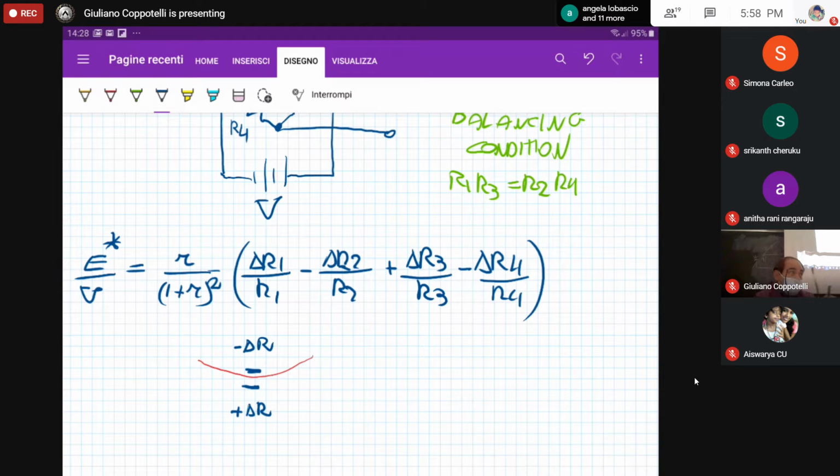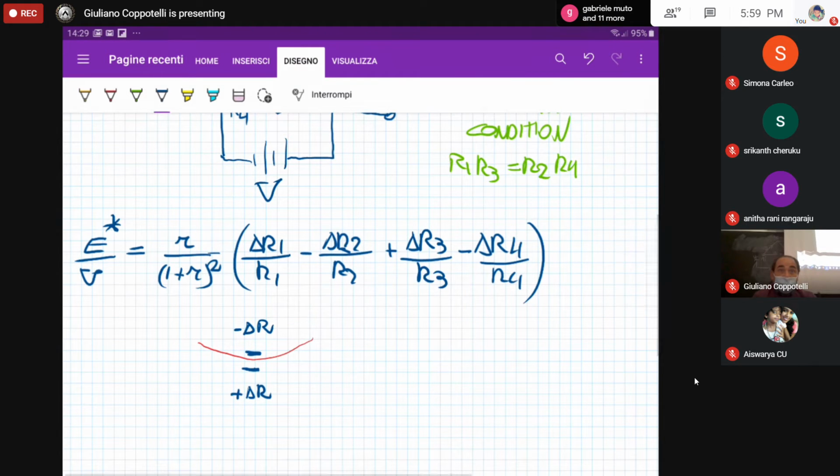Of course, if you are using just one leg, the quarter bridge configuration, then no matter where you're placing this gauge, because there is just one active leg. The others are not introducing any change of resistance. If you have two legs active, then you have to be smart, because you can have a compensation of the change of variation, so you can't measure anything.